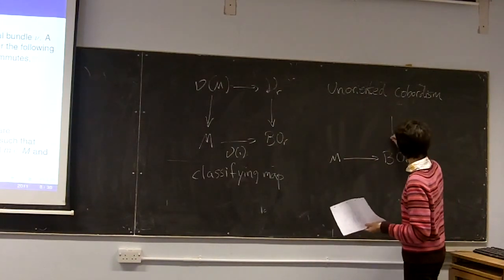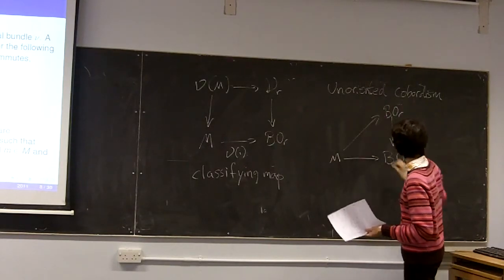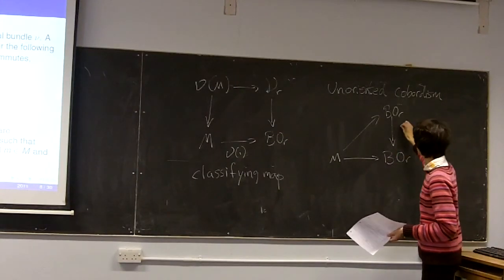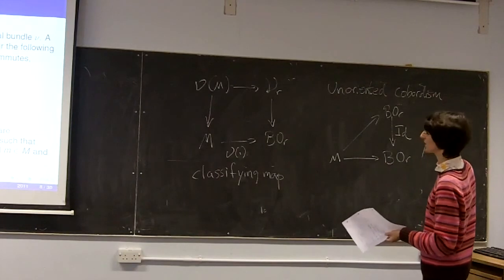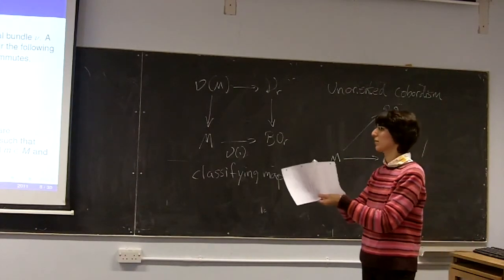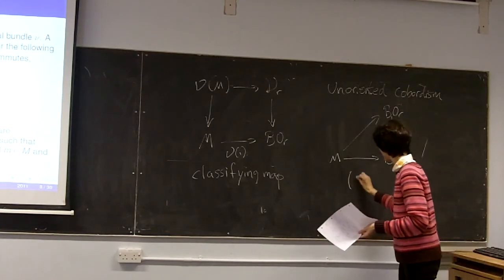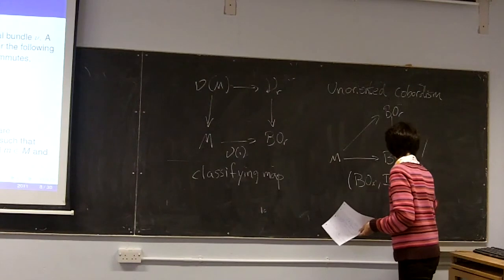VR is just going to be R, and this map, F sub R, is going to be the identity. So for unoriented cobordism, instead of saying VR-FR structure, we can just say R, identity.